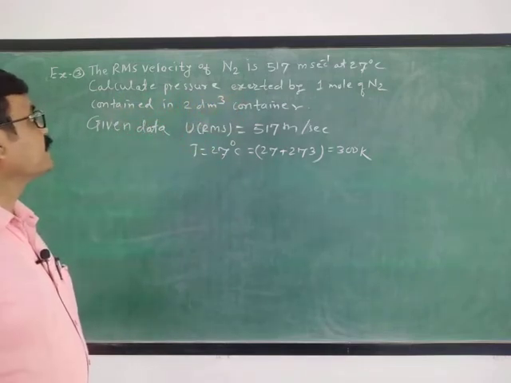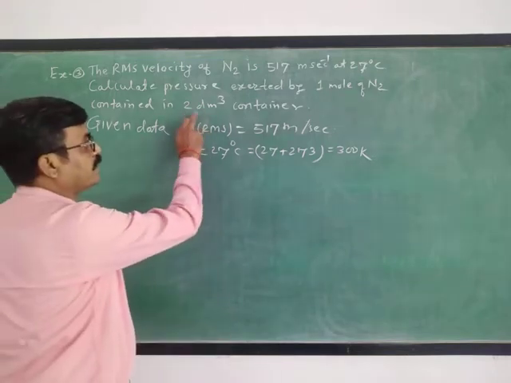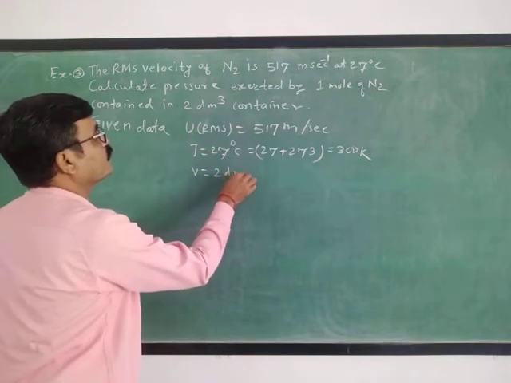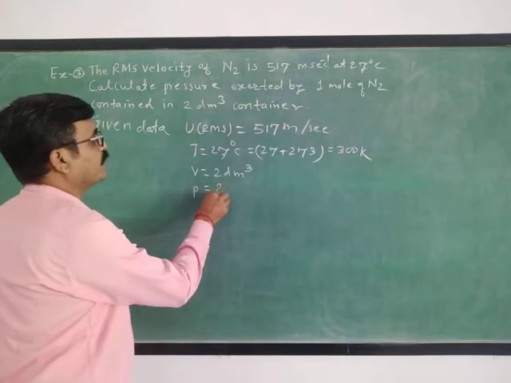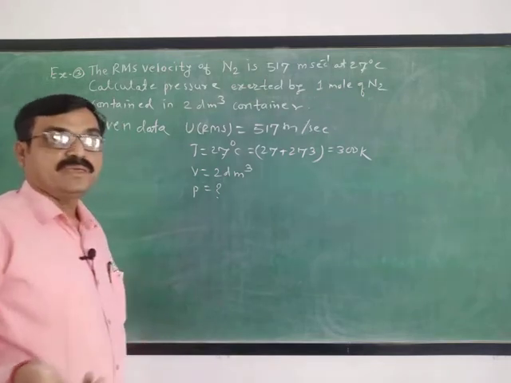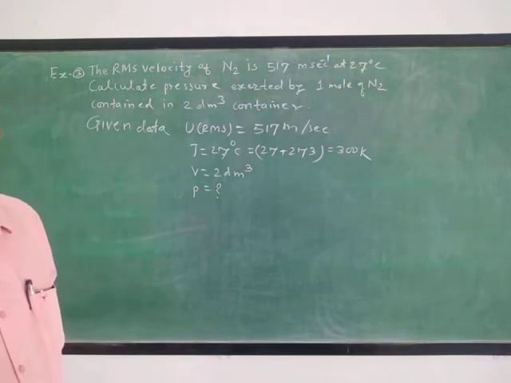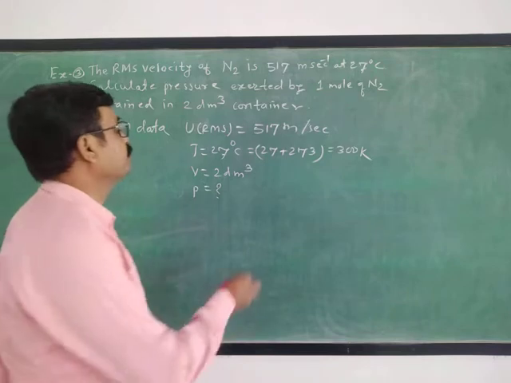1 mole of gas contained in 2 dm cube container, means what is the volume of container? It will be 2 dm cube, that's why V equals 2 dm cube, and you have to calculate the pressure. The pressure may be in atmosphere or in another unit, joule per dm cube.